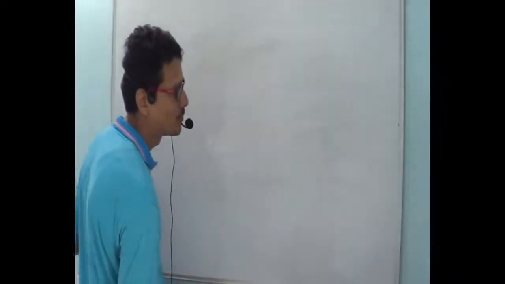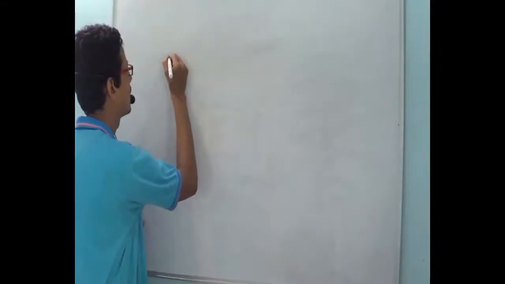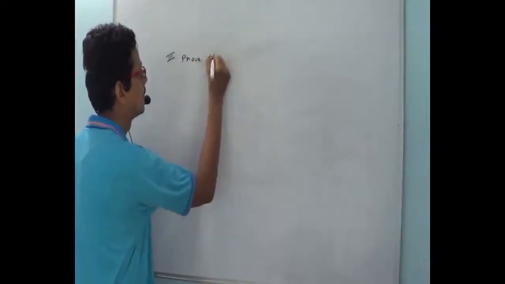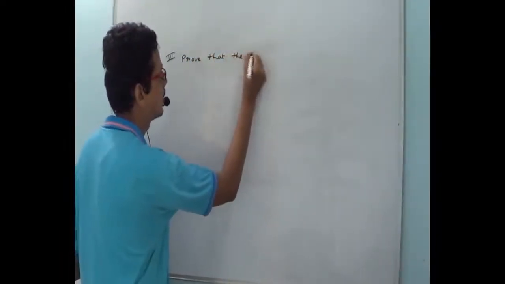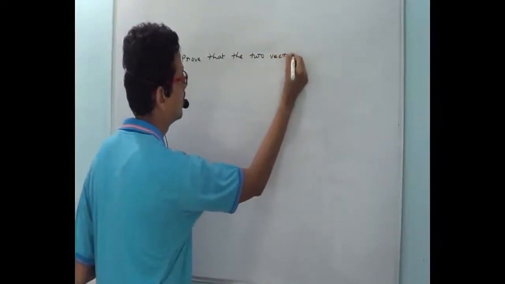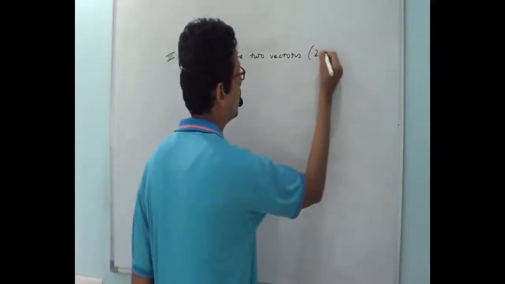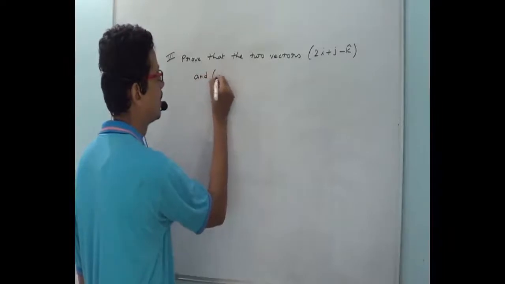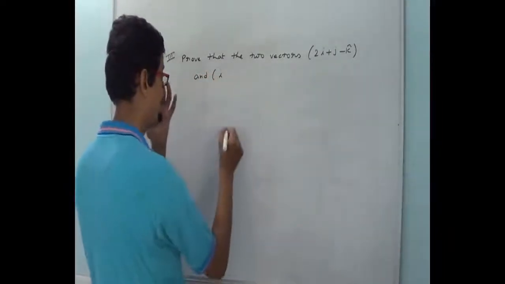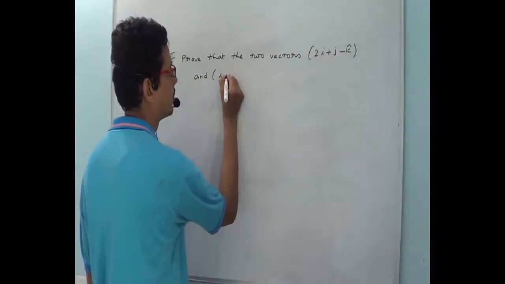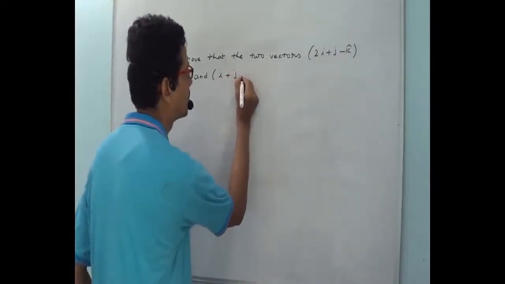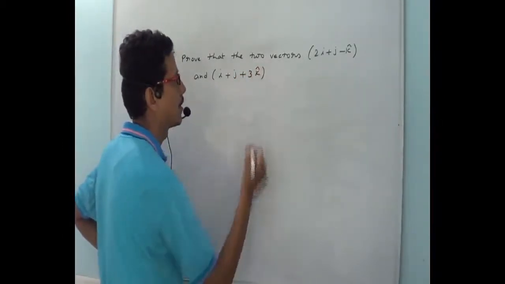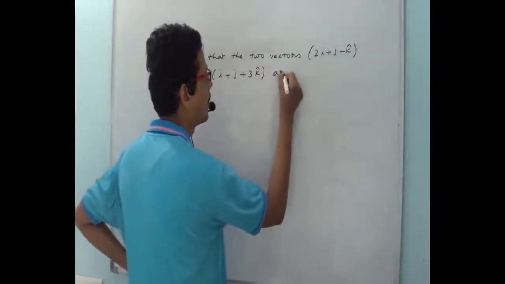Next, prove that, last problem for today. Prove that the two vectors 2i plus j minus k and i plus j plus 3k are perpendicular to each other.